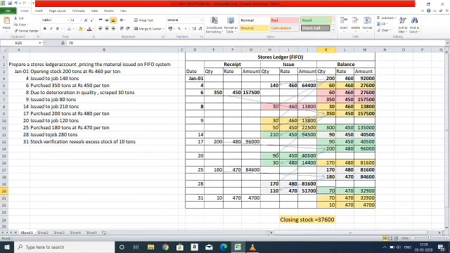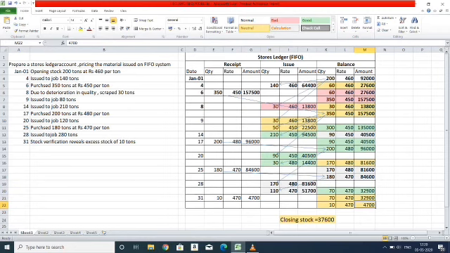We have already 70 here. We write the 70 again in the balance column, 70 at the rate of 470, then 32,900. Then this stock verification excess 10, its rate 470, 10 into 470 is 4,700.